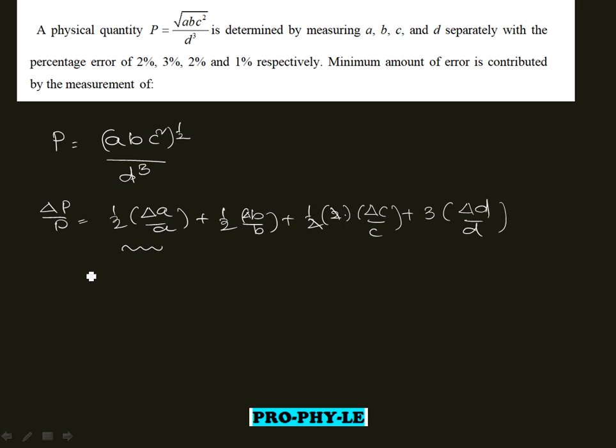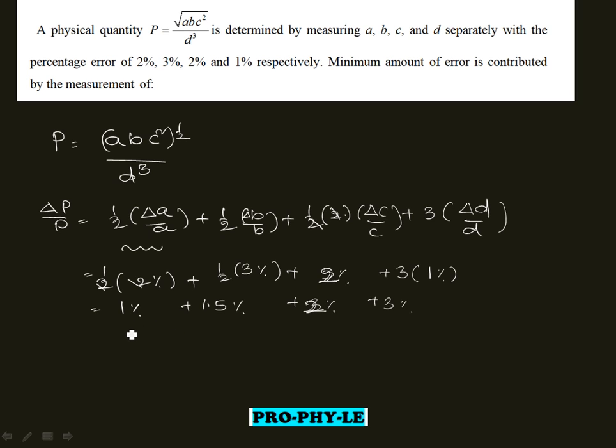So due to A, the contribution will be half into 2%, so that will be 1%, and due to B, half into 3%, that will be 1.5%, due to C it is 2%, and due to D, that is 3%.